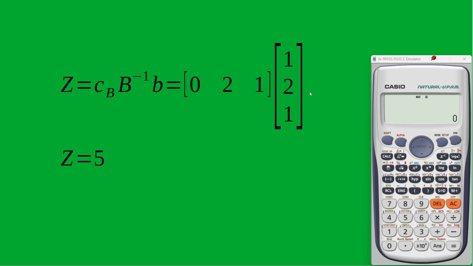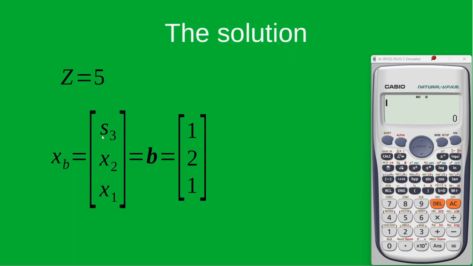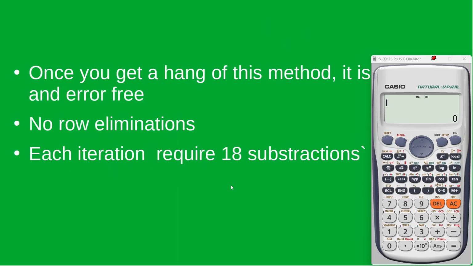Now 1, 2, 1 is B inverse into B, as you know, okay? So that's it here. And the value is now going to be Z is equal to 5. And to find the value of the basic variables, that is S3, X2 and X1, this is going to be equal to B inverse B. So S3 is 1, X2 is 2 and X1 is 1.